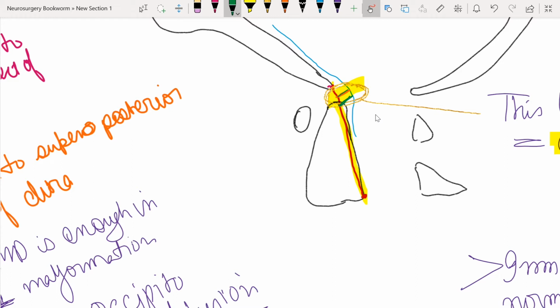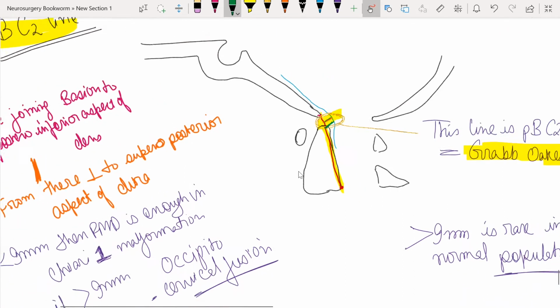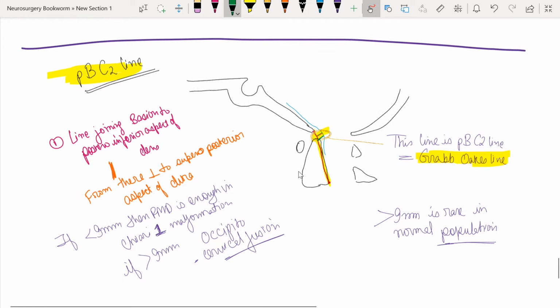If a patient is undergoing foramen magnum decompression for Chiari 1 malformation, and this line is less than 9 millimeters, then it is most likely that the patient will have improvement in most of his symptoms. However, if it is more than 9 millimeters, then according to Benzel's Spine Surgery, the patient should undergo occipitocervical fusion.